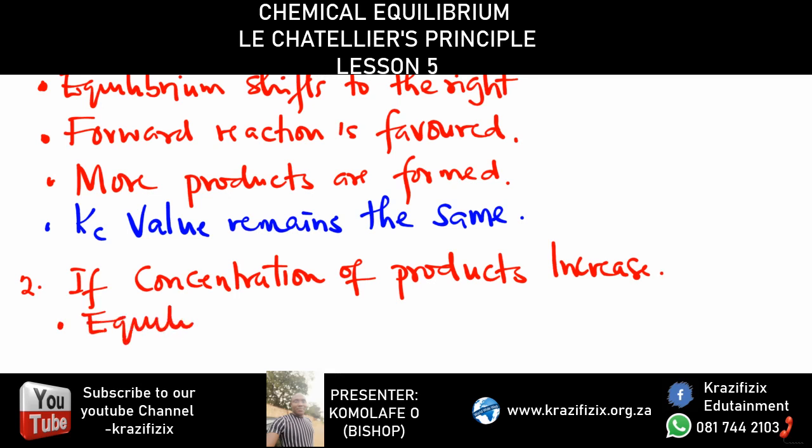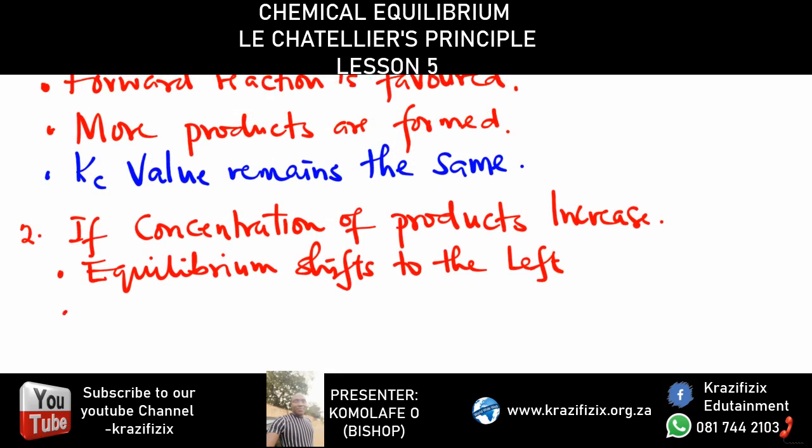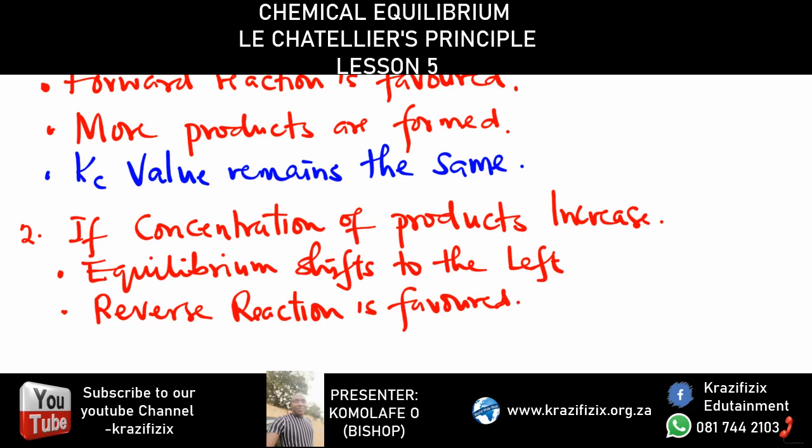Equilibrium, and I want you to get used to the language, equilibrium shifts where? To the left. Now, which reaction is then favored? The reverse reaction is favored. And what happens? More reactants are formed. I hope it makes sense.